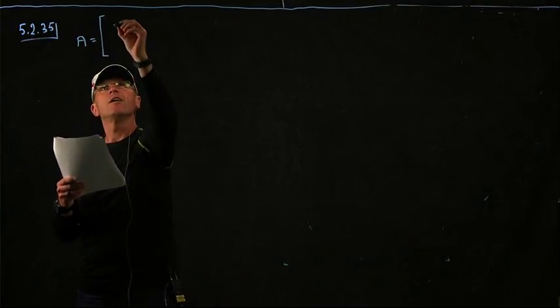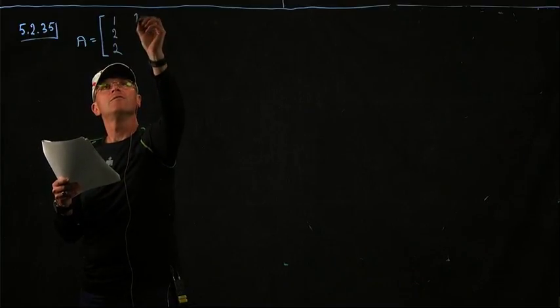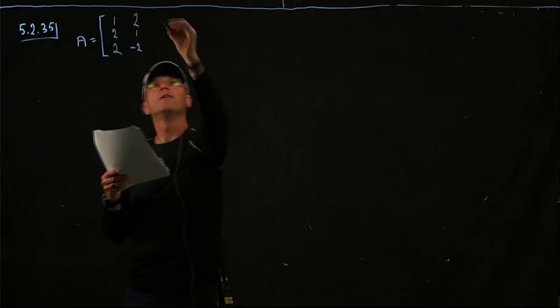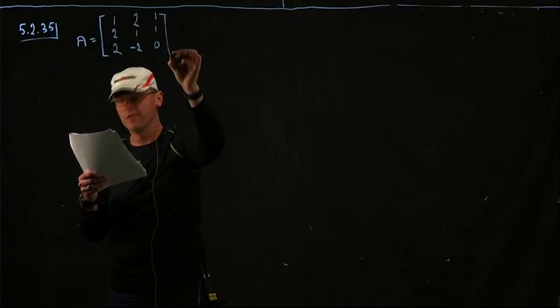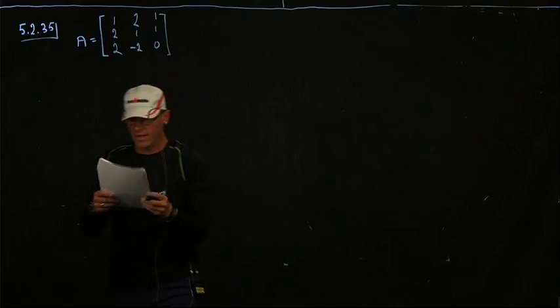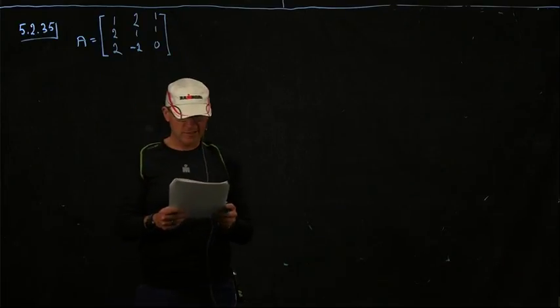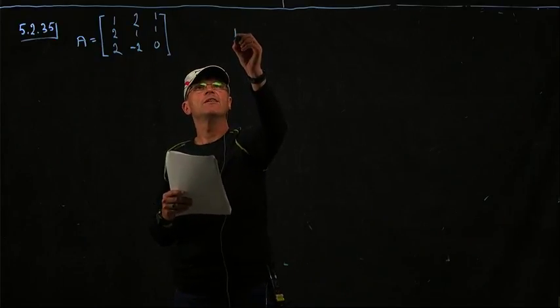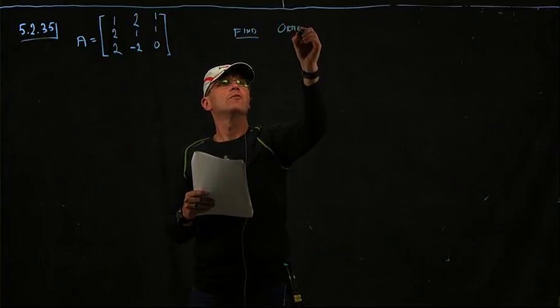The entries are 1, 2, 2, 2, 1, -2, 1, 1, and 0. And what is the question? The question is find an orthonormal basis for the image of this matrix.